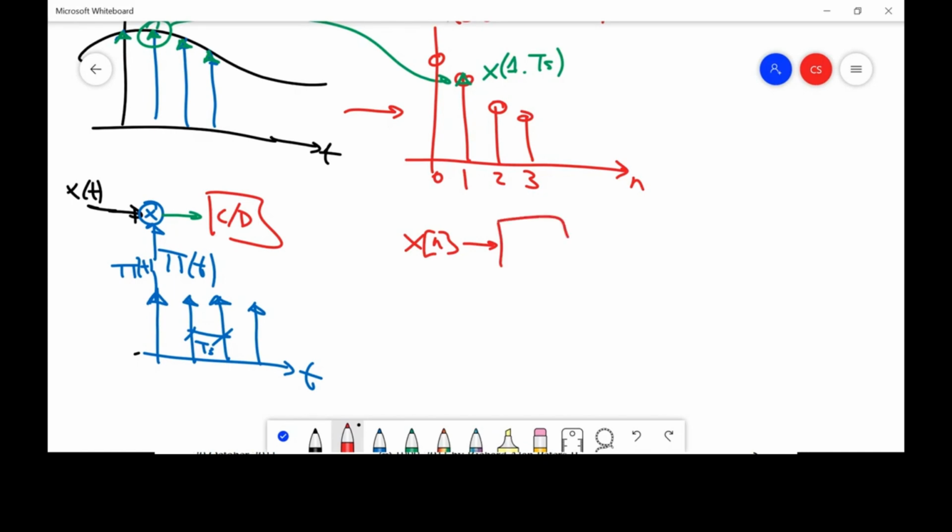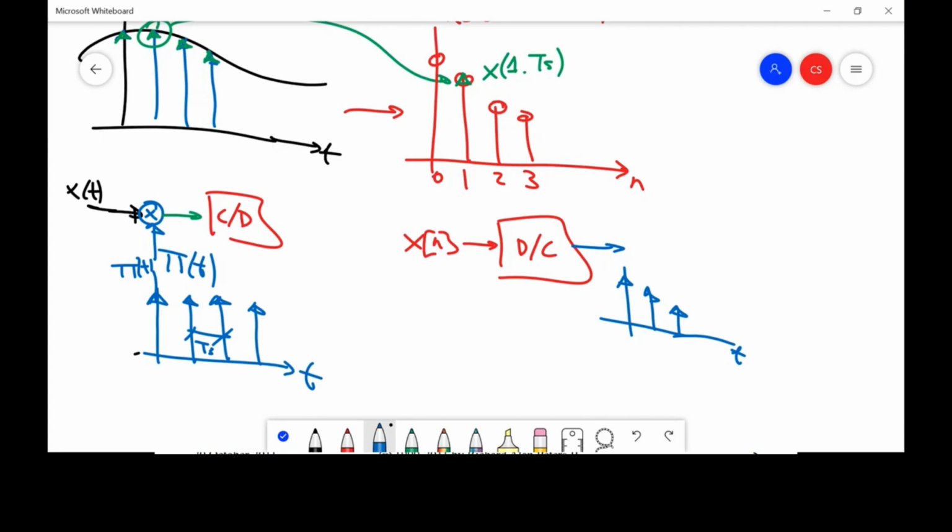So what is the first step I need to do? Discrete to continuous. At this point, what I have is this signal that is continuous, defined in continuous time.